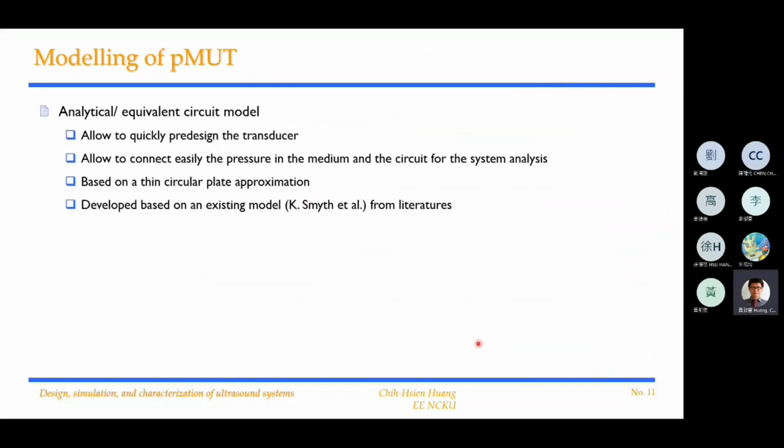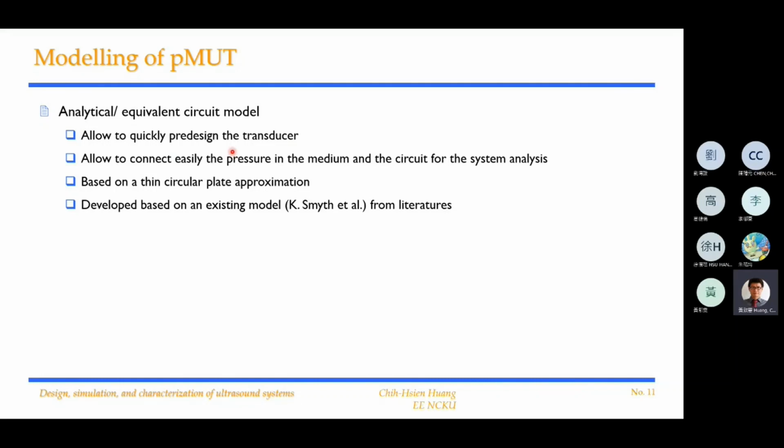So to model the PMUT, we actually have several different situations. The first one is using the analytical circuit model. As we mentioned before, it's quicker, because you just need programming, probably MATLAB, C, or Python.